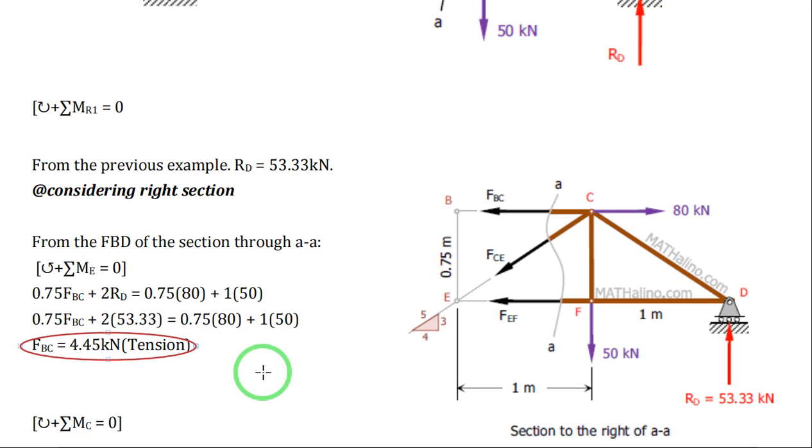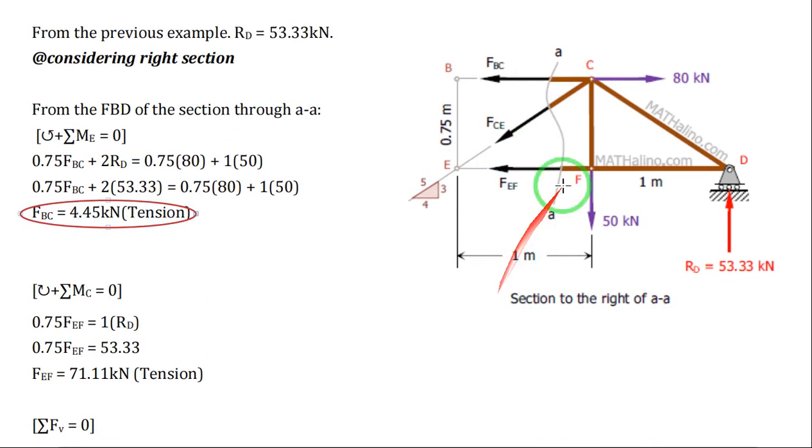Now we only have two remaining unknowns, FCE and FEF. We can solve for the value of FEF if we take moment at point C, because we can eliminate FBC and FCE, so we only have one unknown, FEF.